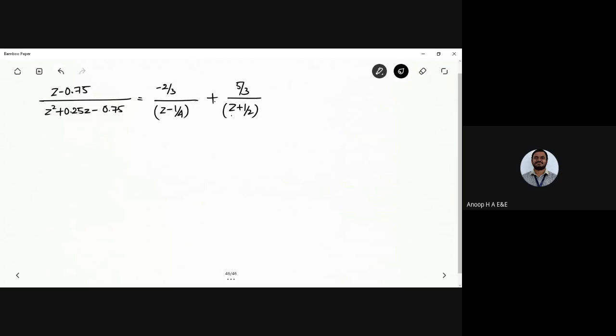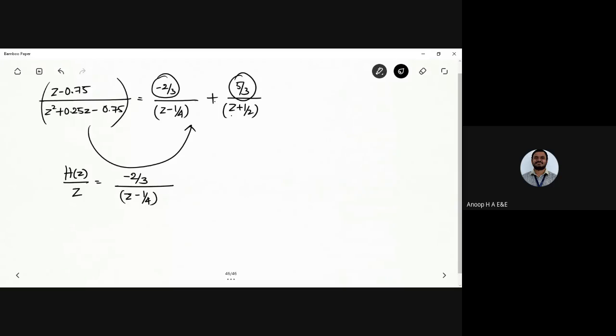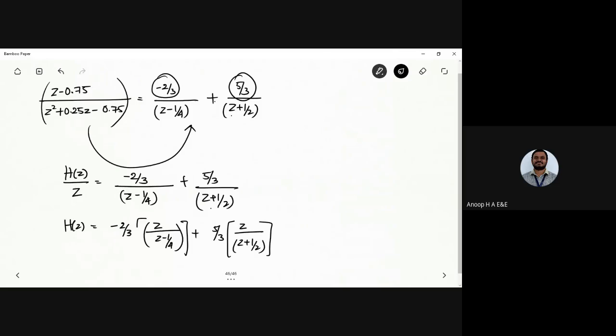So I have resolved it into partial fractions by replacing the values of A and B. So H of z divided by z is minus 2 by 3 divided by z minus 1 by 4 plus 5 by 3 divided by z plus 1 by 2. Next, H of z would be equal to minus 2 by 3 z divided by z minus 1 by 4 plus 5 by 3 z divided by z plus 1 by 2. So that's how we get H of z.